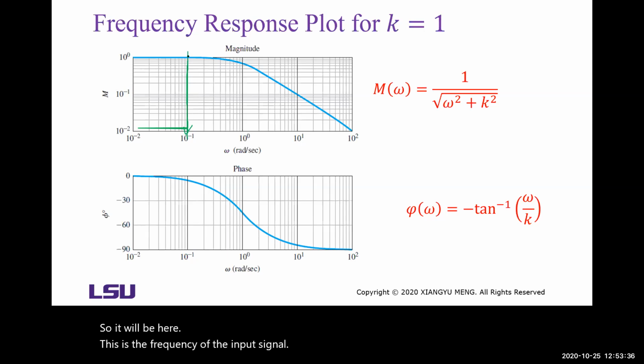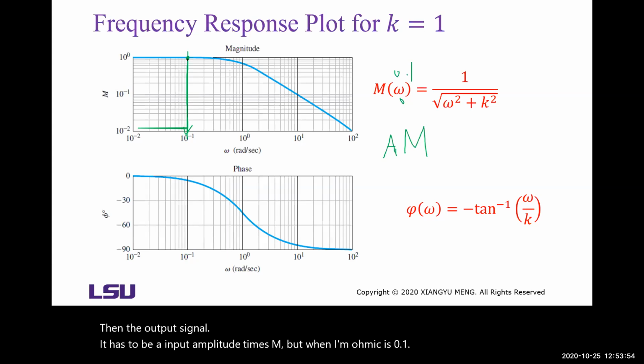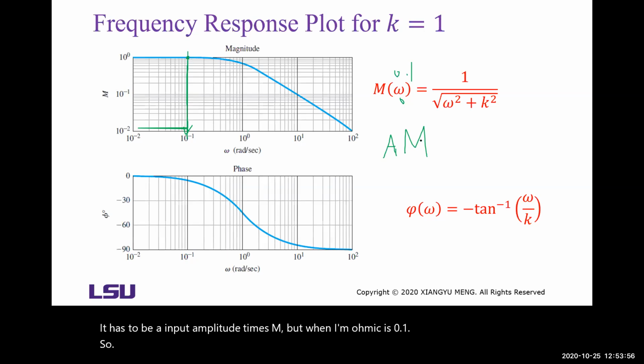Then the output signal will be the input amplitude A times M, but when ω is 0.1, M is very close to 1.